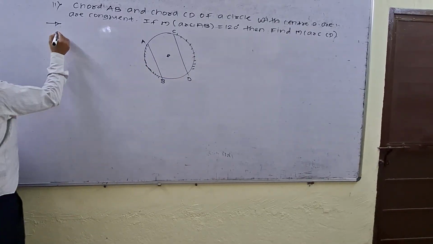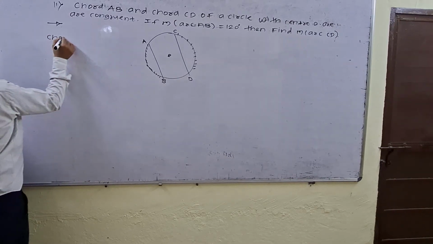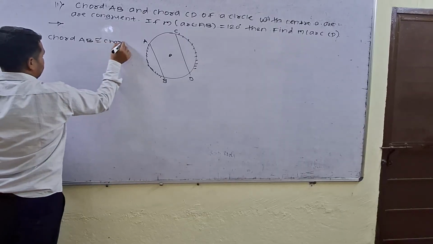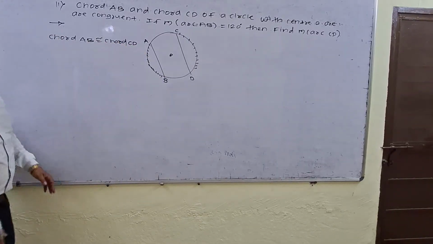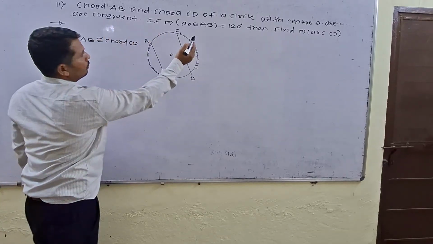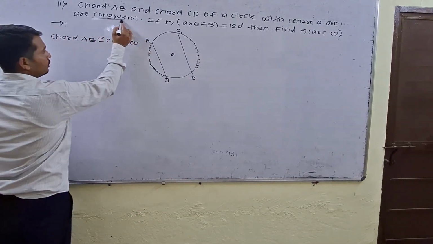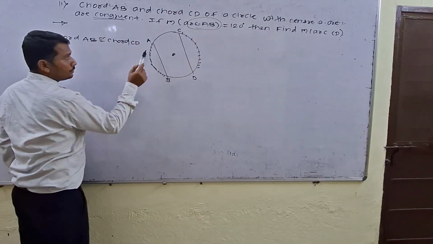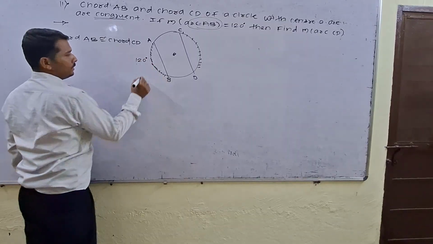First, we write down chord AB congruent chord CD. It is already given that chord AB and chord CD are congruent. But we know that measure of arc AB is 120.